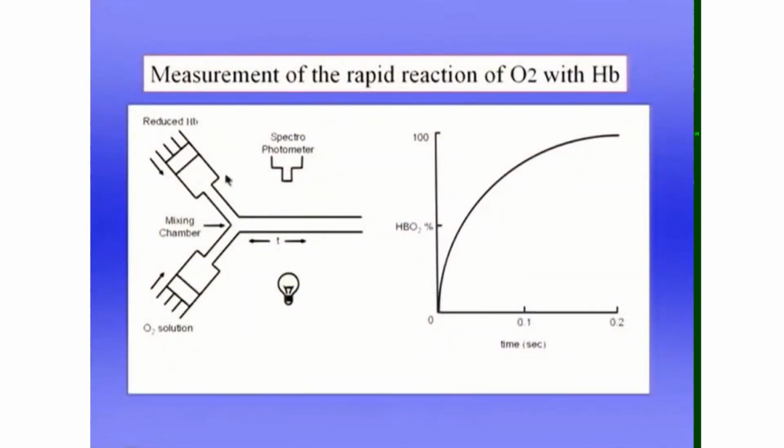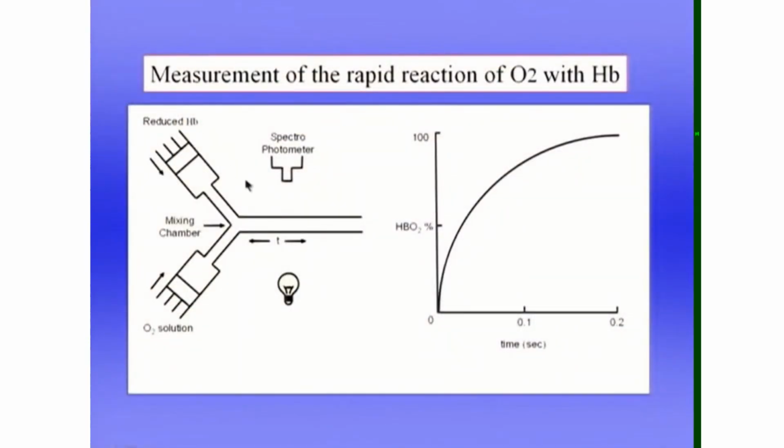First of all, how do we measure the rate of reaction of a gas like oxygen with blood? You might say, surely it occurs terribly rapidly. How are you going to measure that? Well, it was worked out 100 years or so ago, a little less than that, and this is the way it was done.